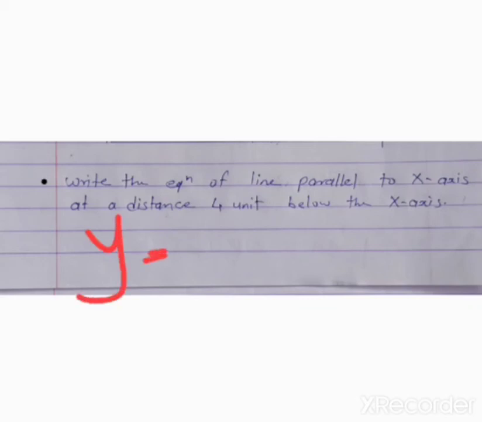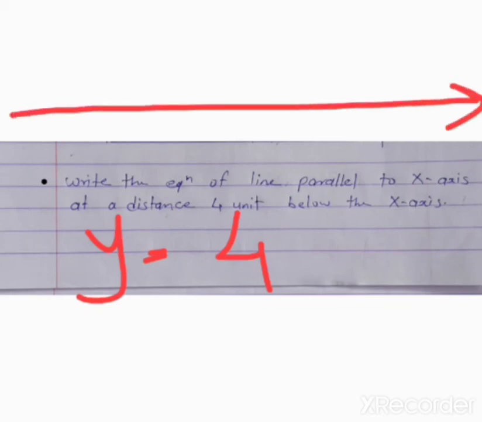Now here the distance is 4 units. So write down here 4 below the x-axis. So you know that this is the x-axis and in its below direction all units are negative. So therefore our equation is y is equal to -4.